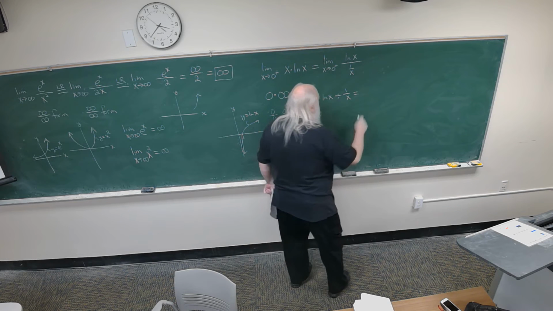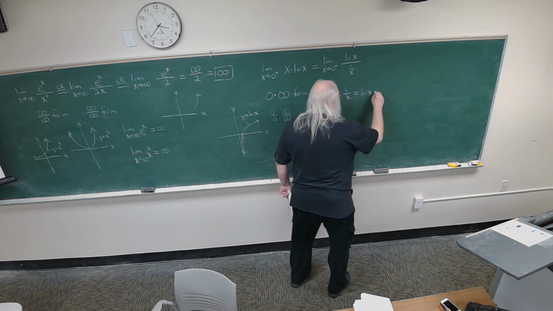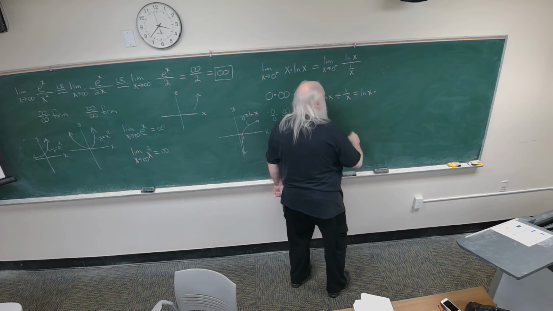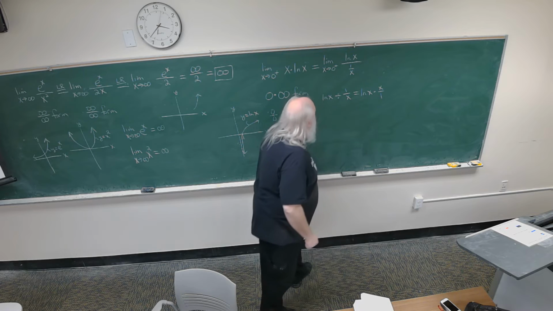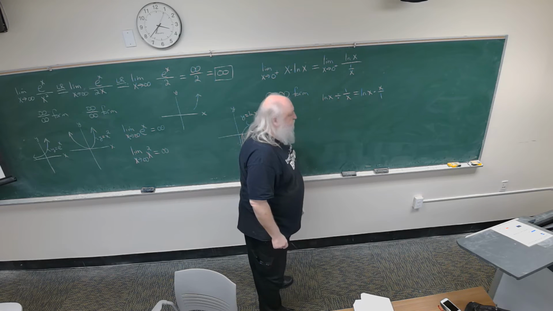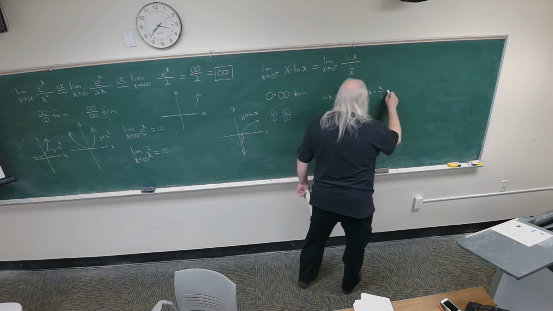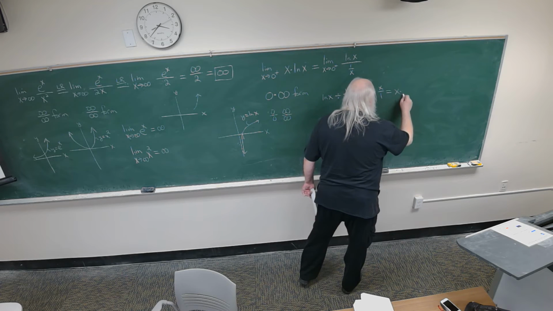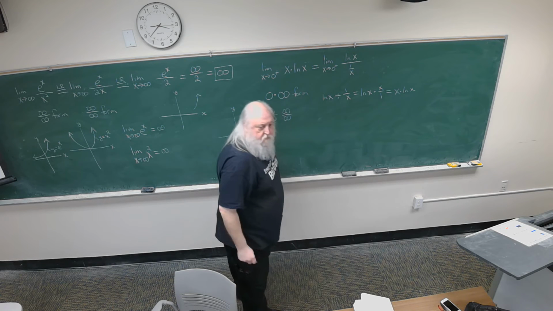So you keep the natural log of x, you switch division to multiplication, and then you flip 1 over x to x over 1. X over 1 is x. So you have the natural log of x times x, which is the same as x times the natural log of x when you switch the order of multiplication.